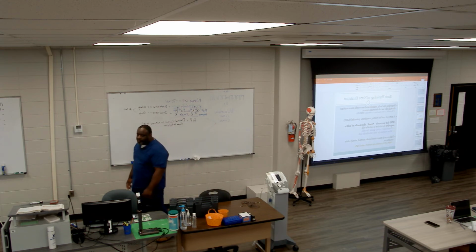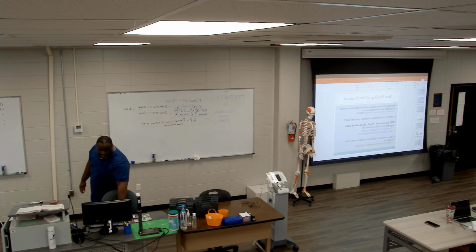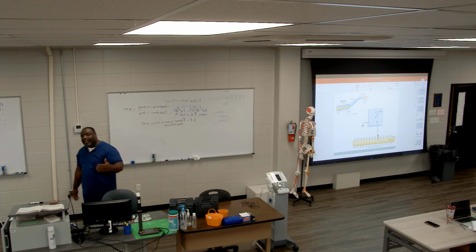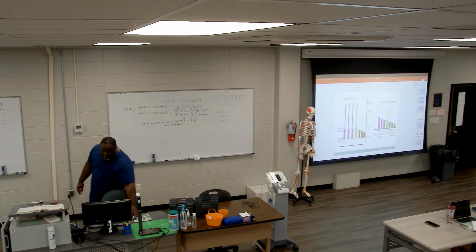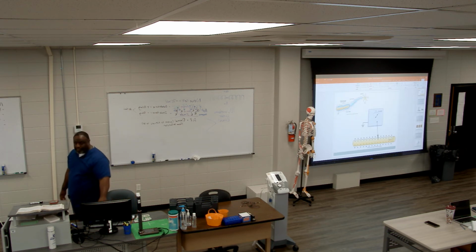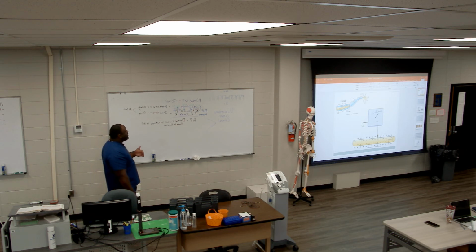And when an action potential occurs, it's going to start to change the polarity of the inside of the nerve cell. So the inside of the nerve cell begins to go from a negative polarity to a positive polarity.